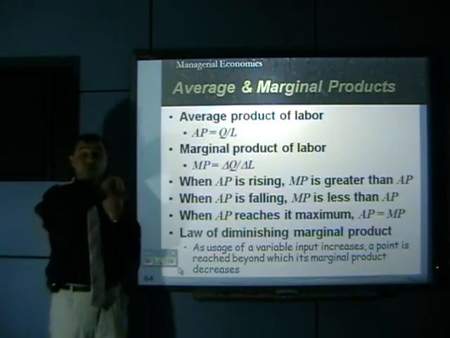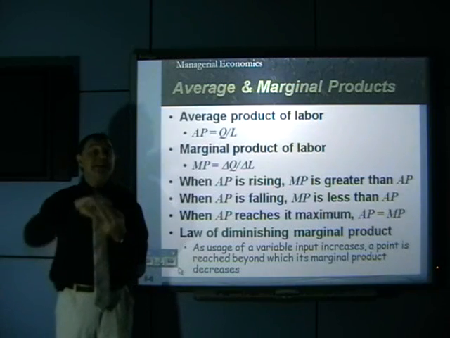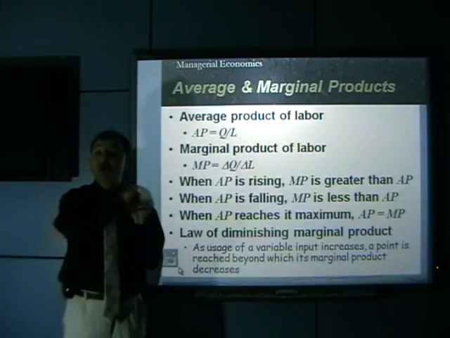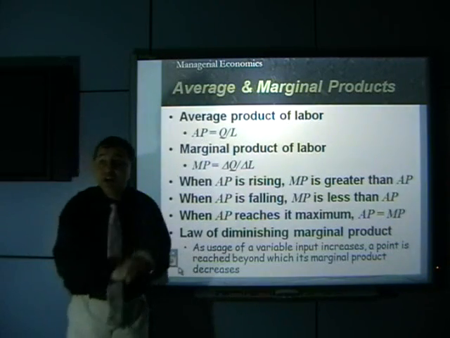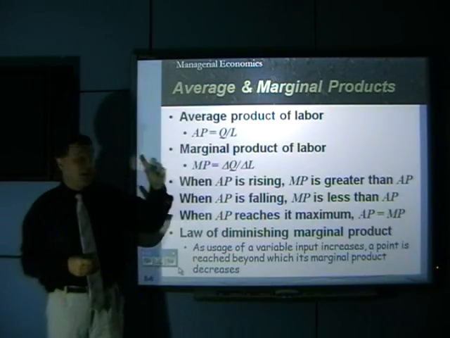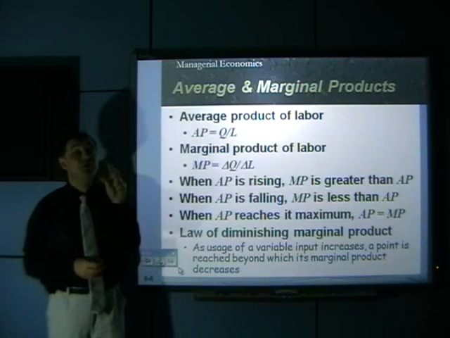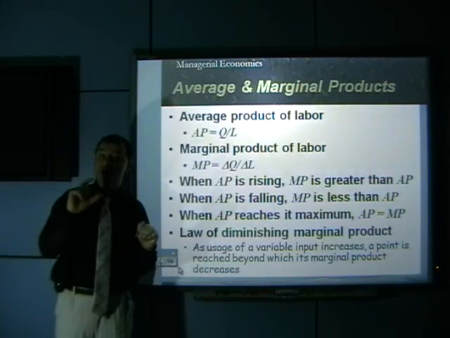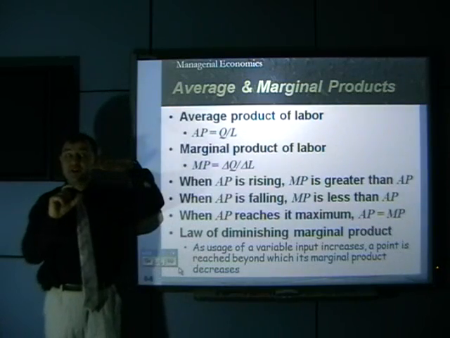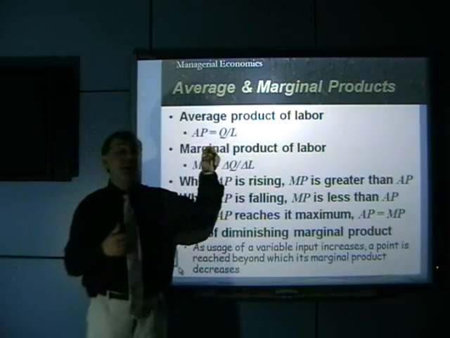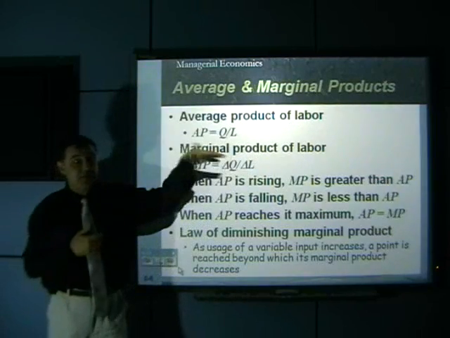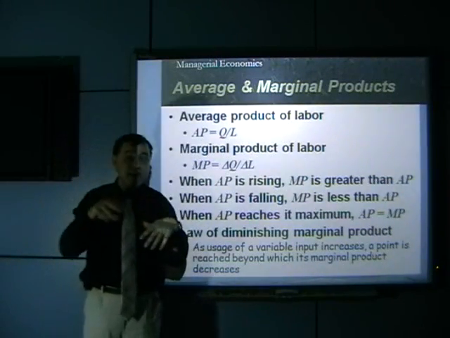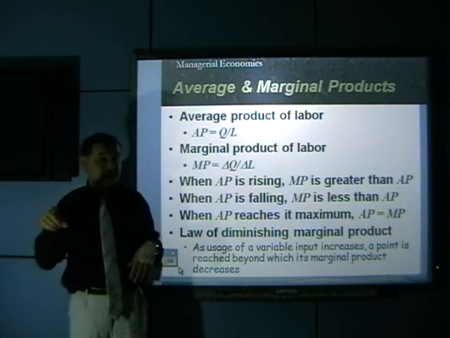So, the first kid was doing 3, the second kid was doing an extra 3, which is 6, the third kid is doing an extra 2. So, the third's margin will be less than the average. The third's margin is 2, the average is 3. The first average is 3, for the second the average is 3, and for the third it's 8 divided by 3, which is 2.66.